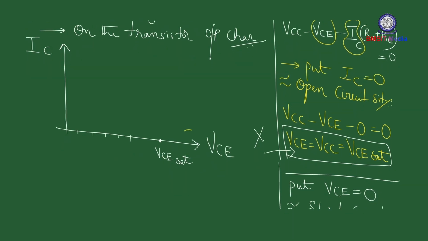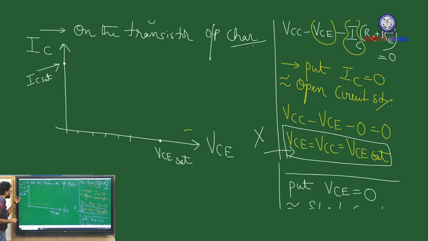So let's bring down the characteristics. You have located the Y point, and this point corresponds to IC saturation. Once you have the IC saturation point and the VCE saturation point, using a scale you can just join the two points.